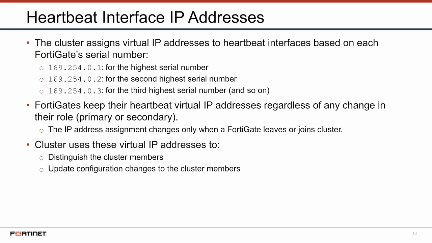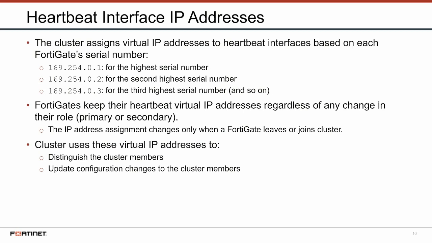The IP address assignment does not change when a failover happens. Regardless of the device role at any time, primary or secondary, its heartbeat virtual IP address remains the same. A change in the heartbeat IP addresses might happen when a FortiGate device joins or leaves the cluster.